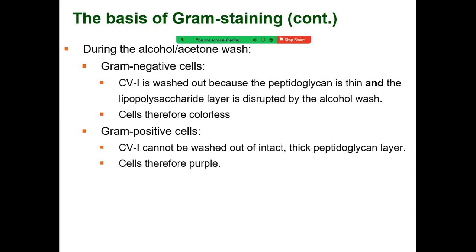And then the lipopolysaccharide layer, that's the outer membrane of the cell wall, is disrupted by the alcohol wash. And so the crystal violet iodine washes out. The cells will therefore be colorless after the decolorizing step. In the gram-positive cells, the crystal violet iodine complex cannot wash out of the intact, thick peptidoglycan layer. The cells therefore remain purple.